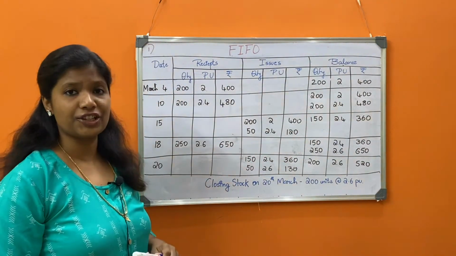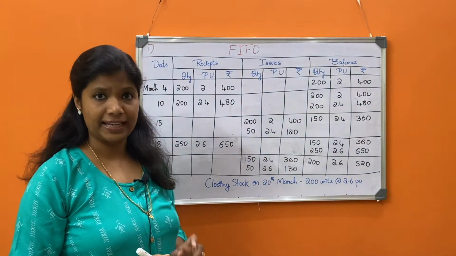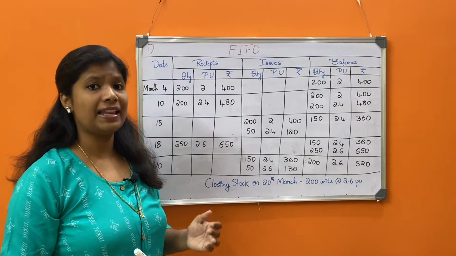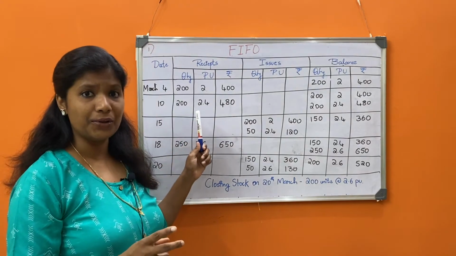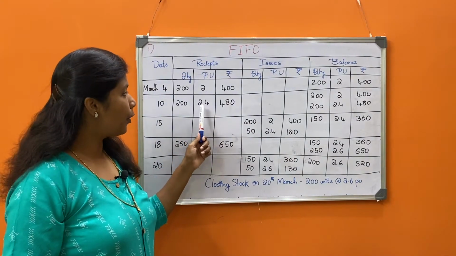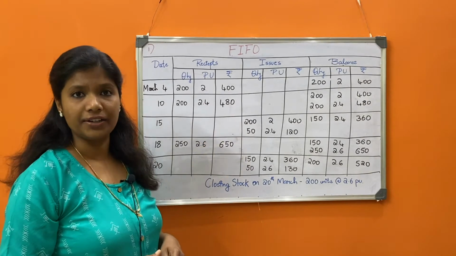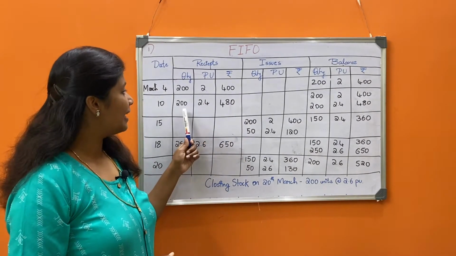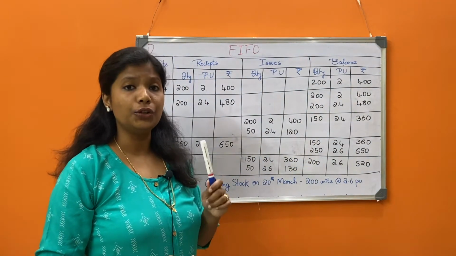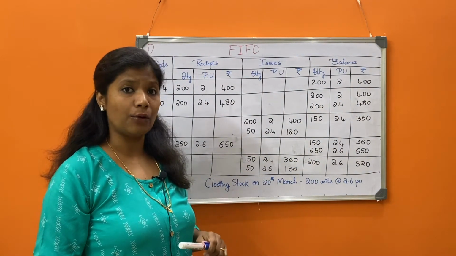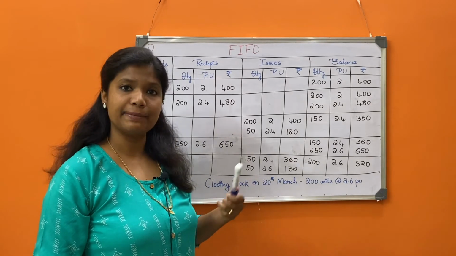The next transaction happens on March 10th. Again, the company has received the goods. How many units? Again, 200 units at the rate 2.4 rupees, 480. And when you're writing the balance for the second date, remember, you have to carry down the previous day's balance.